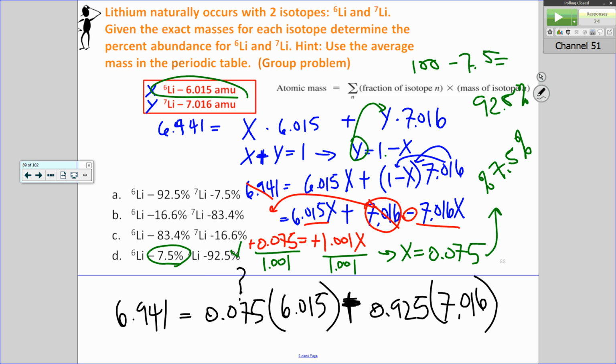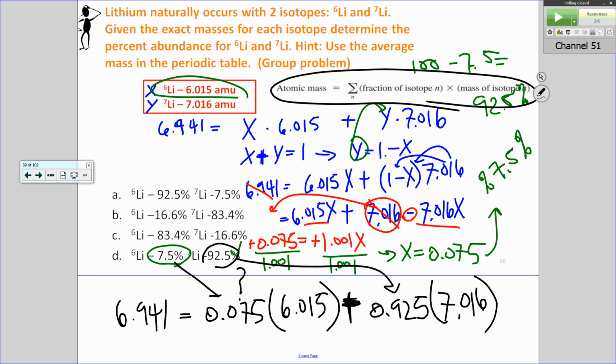When I plug the percentages into this equation, only one of the answers comes up with that value, the 6.941, and it's D.